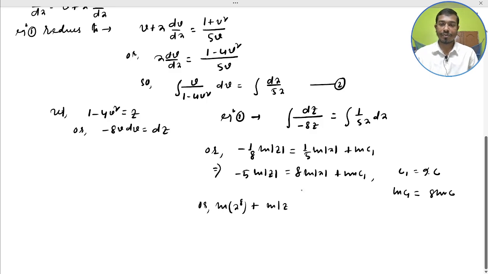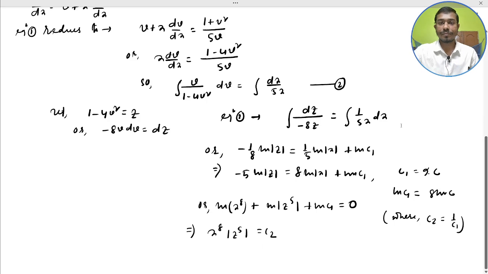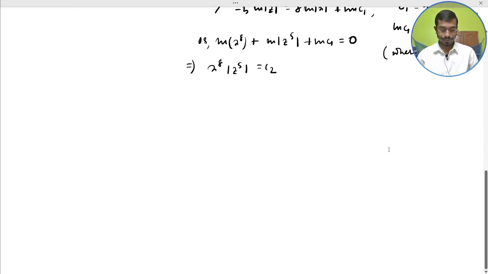Ln of z to the power 5 in mod, this is correct, plus ln c1 is equal to 0, where c2 is the inverse of c1. So that implies x to the power 8 mod z to the power 5 is equal to c2. Now just put this value and calculate.